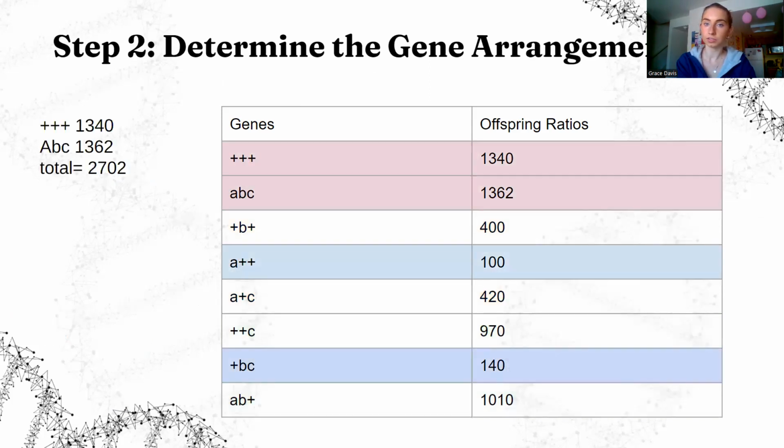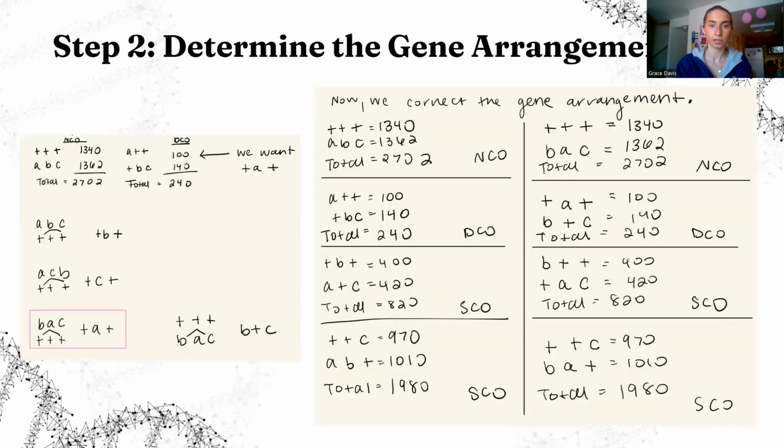And then step 2 is determining the gene arrangement. And to do this, we'll need the NCO group and the DCO group, which is highlighted here. And on the left, you can see how we utilize the NCO group and DCO group to determine the correct gene arrangement.